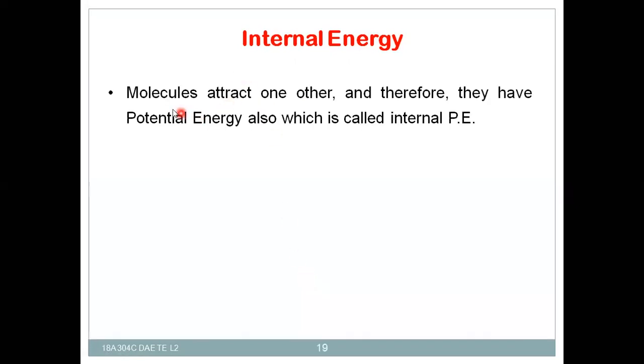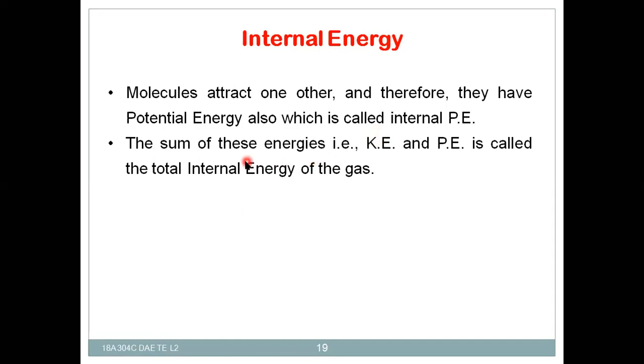Molecules attract one another and therefore they have potential energy also, which is called internal potential energy. The sum of these energies, kinetic energy because of the motion of the molecules, and potential energy because of their position, is called the total internal energy of the gas.